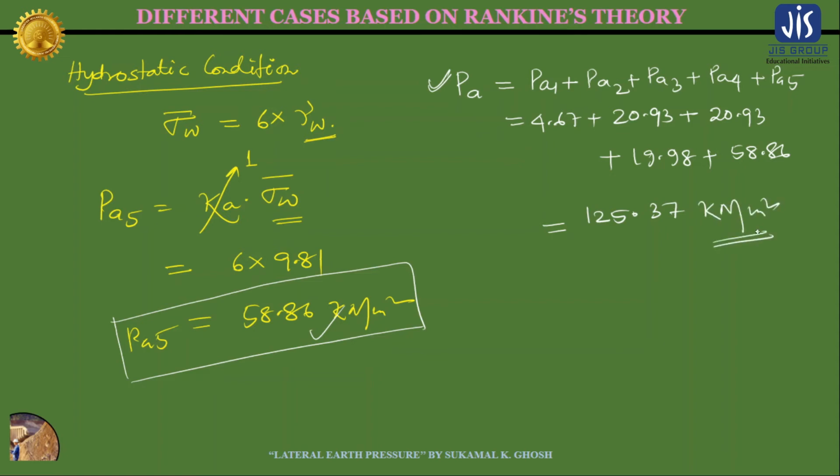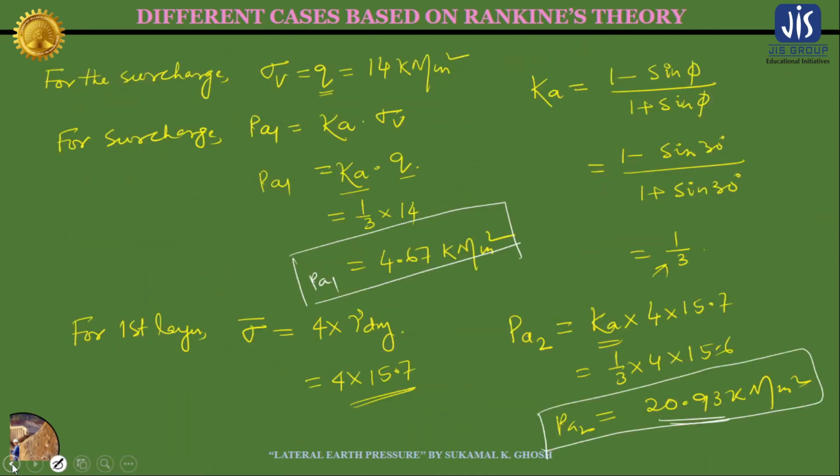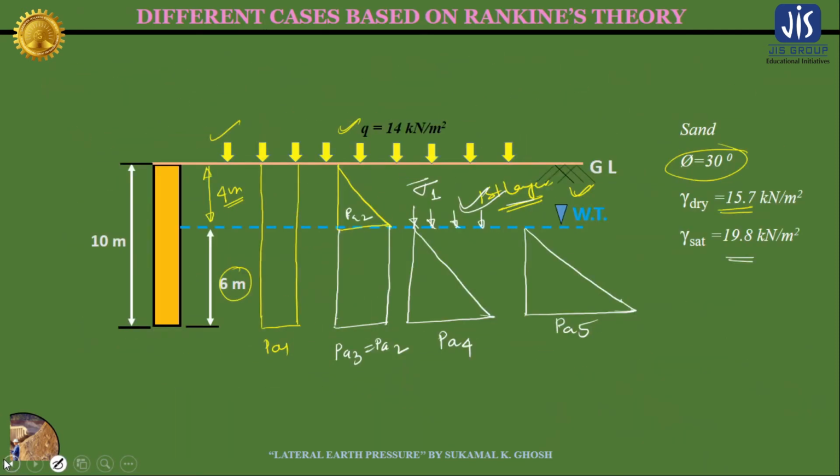Now we need to calculate the resultant active earth pressure forces. For the surcharge we have got this particular pressure distribution diagram. In this pressure distribution diagram, the resultant active earth pressure force will act here.